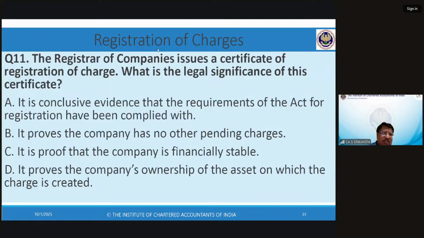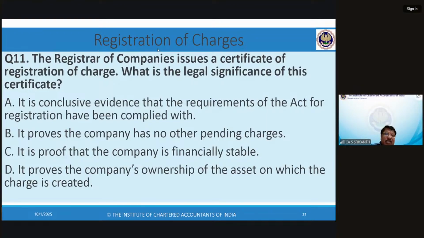And some of you have also given CHG 5. Actually, no. What is CHG 5? That is satisfaction. Whereas here it is creation of charge, registration of a charge, original charge created. The correct answer given by Ashlesha, CHG 2. CHG 1 is the application; CHG 1 is the form by which you intimate the charge for registration.